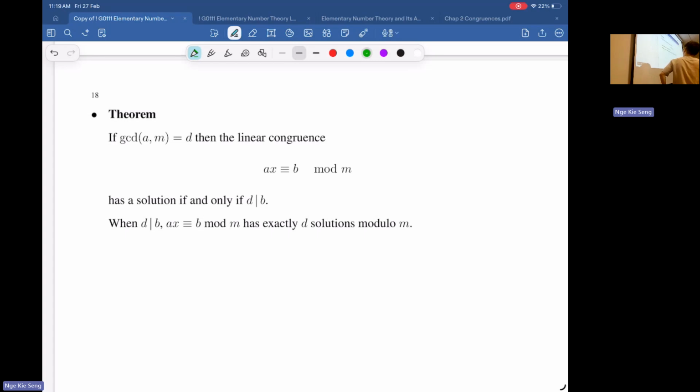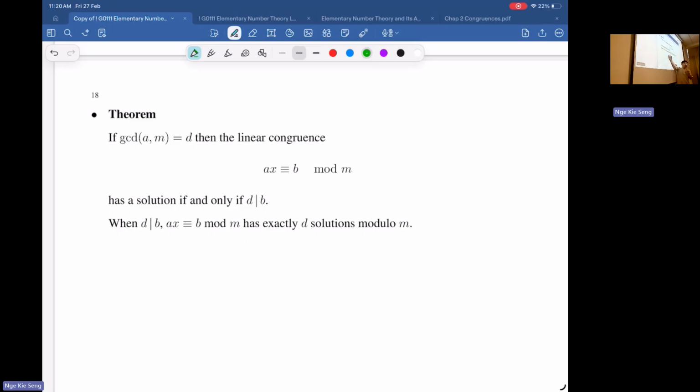The first line says if the GCD of A and M is D, then the linear congruence has a solution if and only if D divides B. So this is very similar to the linear Diophantine equation. When D divides B, there are exactly D solutions mod M. So this is what we had just now.